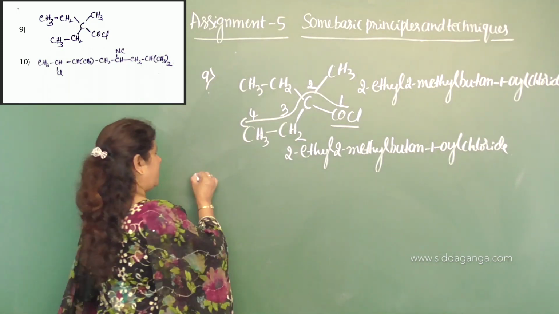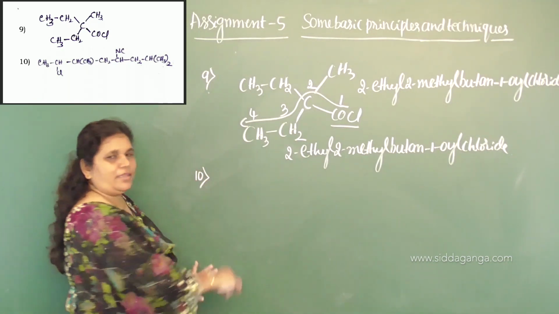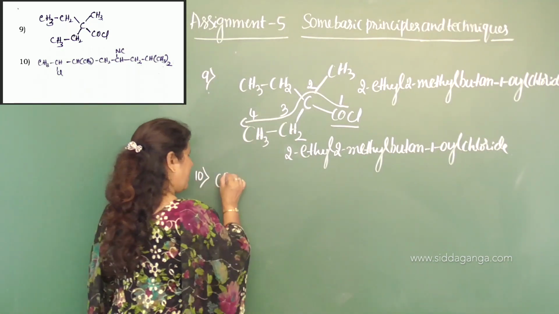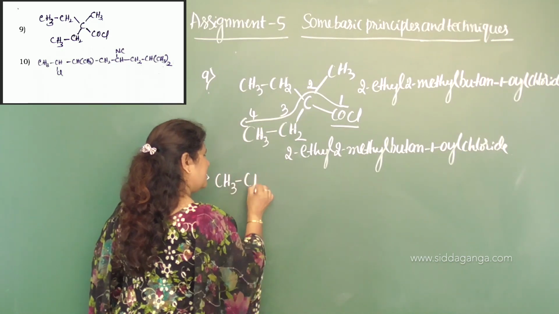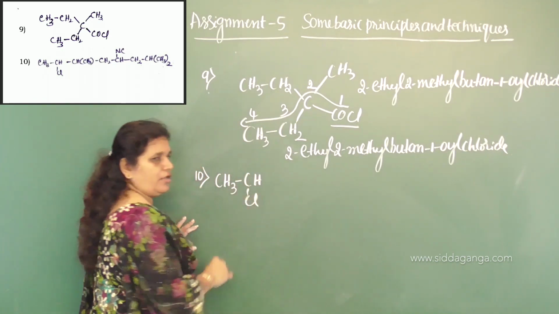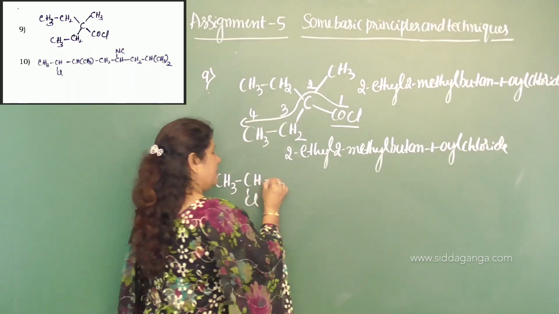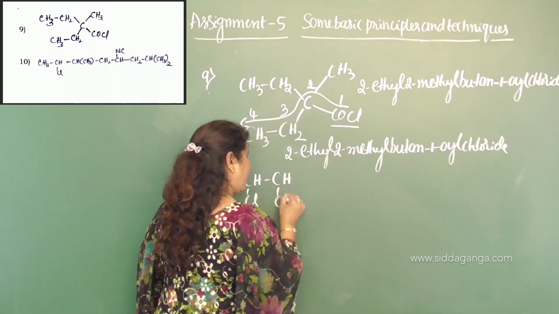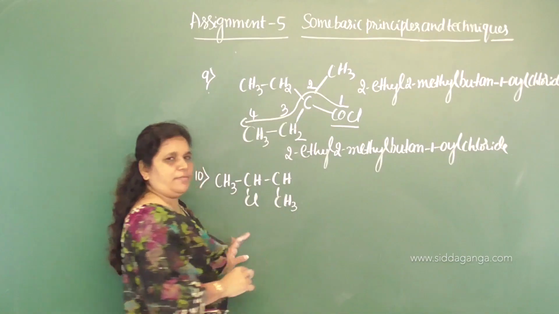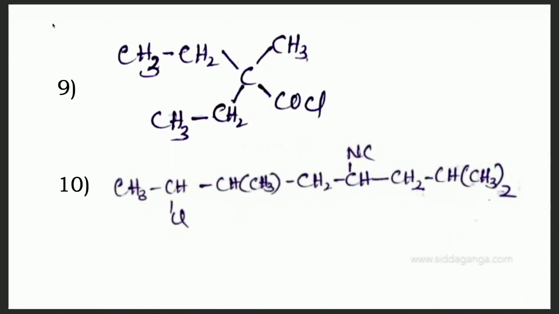Now move on to the last compound, 10th one, CH3, CHCl, chlorine is there. CH, take a bracket and write CH3, meaning that CH3 belongs to this carbon, and CH2, correct?